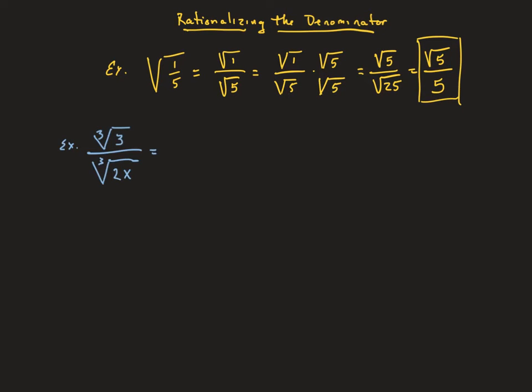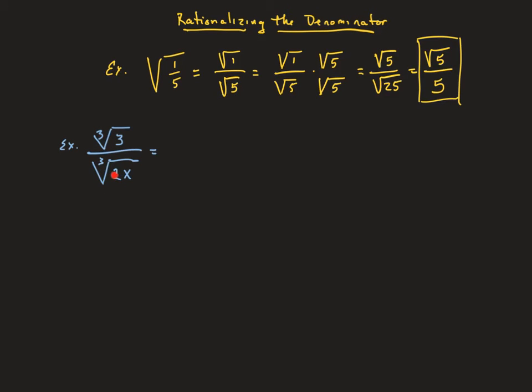Now, this is a little bit more of a challenging example, but what I'm trying to do again is rationalize the denominator. In this problem, I have a cube root, so I have the cube root of 3 over the cube root of 2x. So in order to rationalize this radical, I'm going to need to find a perfect cube because I'm looking for the cube root.